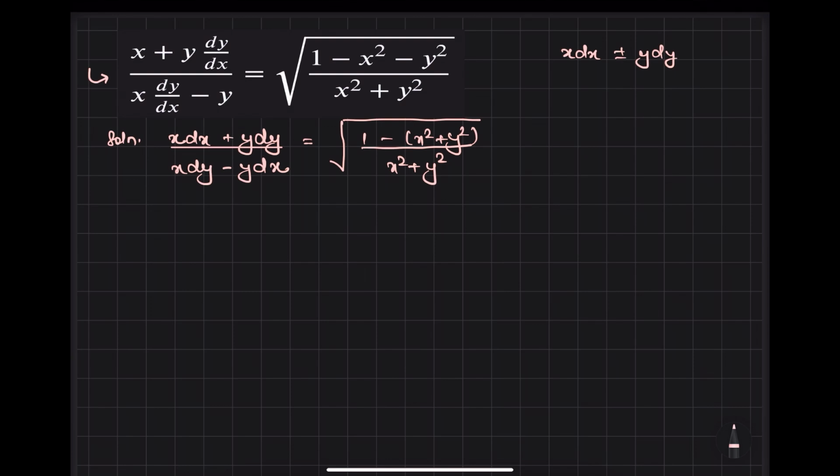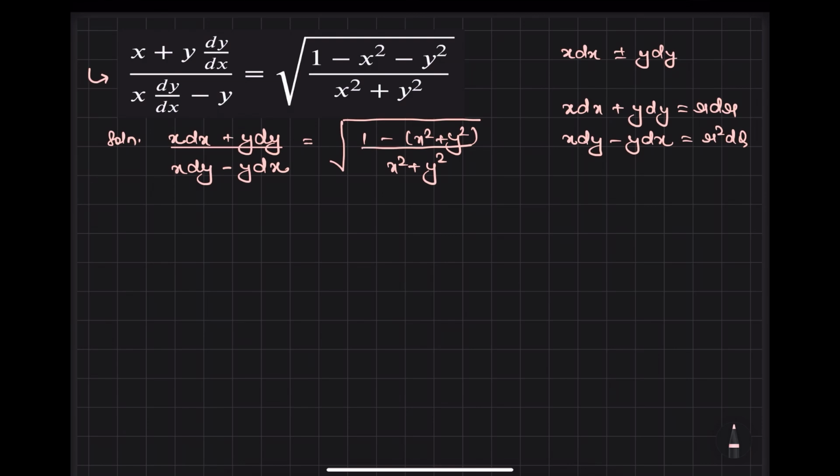And for sine and cos we have extracted one piece of information, that x dx plus y dy will produce r dr, and later we have calculated x dy minus y dx equals r square d theta. Hope you remember this thing.